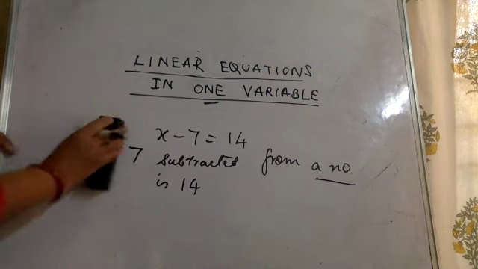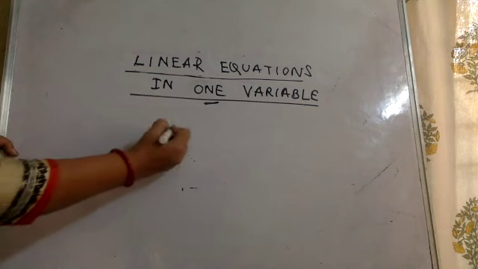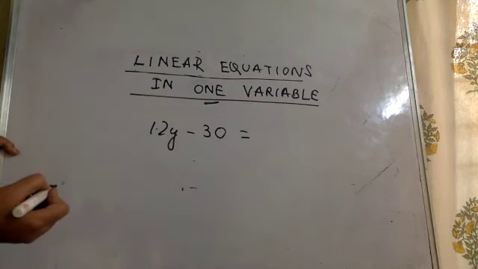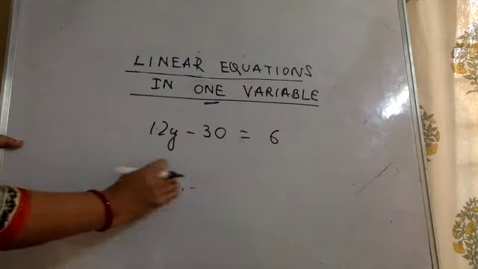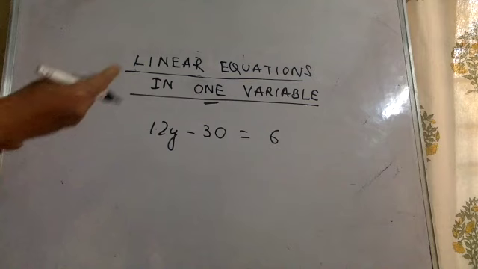Next is 12y minus 30 is equal to 6. Okay, this is the equation that has been given to us.